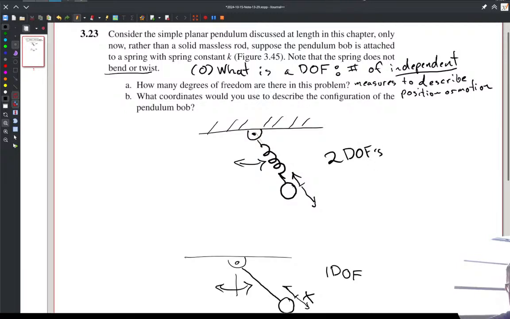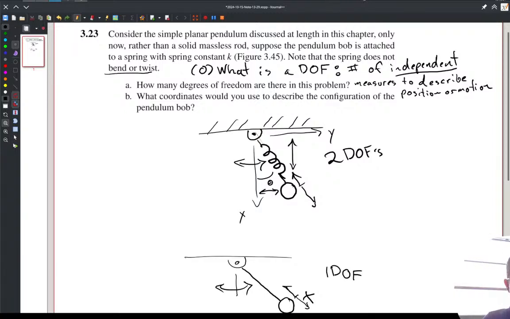The reason that's important is that this is the number of independent measurements that we need to describe where this is. One way that we could describe it is to say that if I call this my y-axis and this my x-axis, there's an x distance down, and there's a y distance to the left and right. I know it's a little weird to put it that way, but I like to always have my angle be off the x-axis.